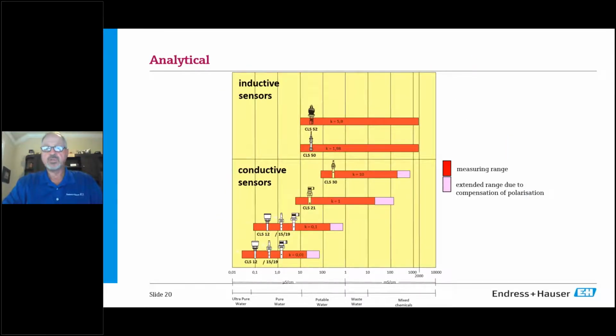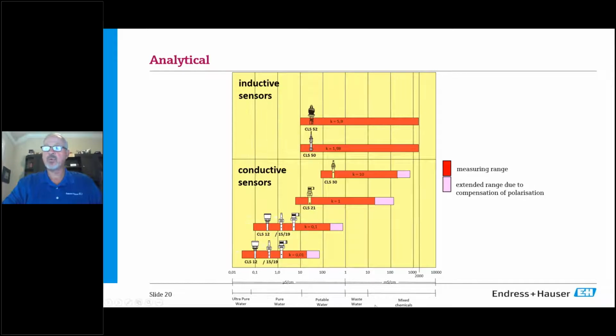This slide will show you the different ranges and what you might be measuring with these cells. So if you look down there, you have a cell constant of 0.1, that's your ultra pure water sensor. And then as you move away from that 0.1 to a 1 cell constant, you can see that you're getting into pure water, potable water, wastewater, and then mixed chemicals.